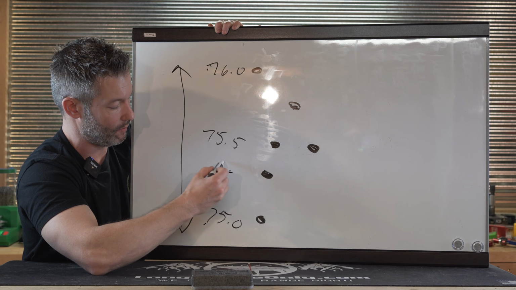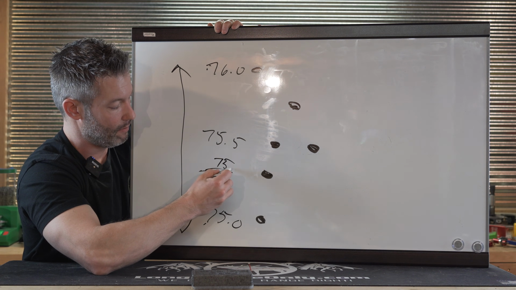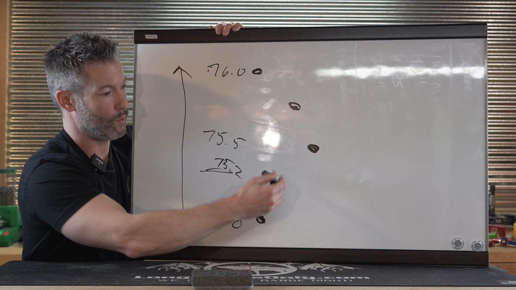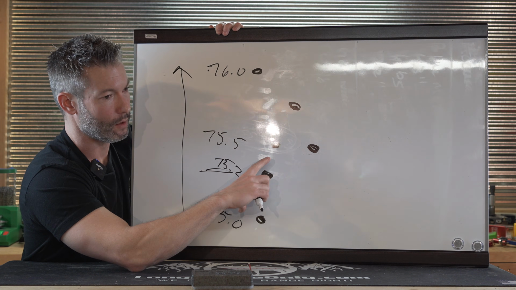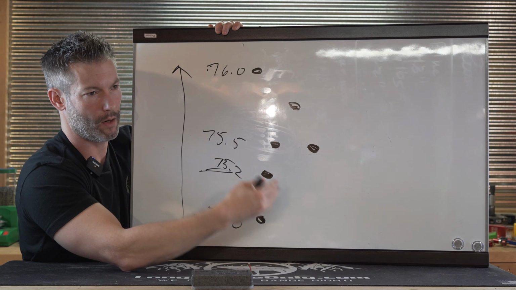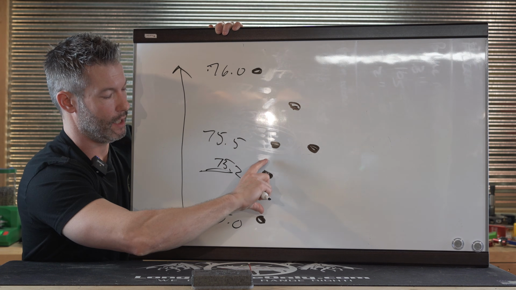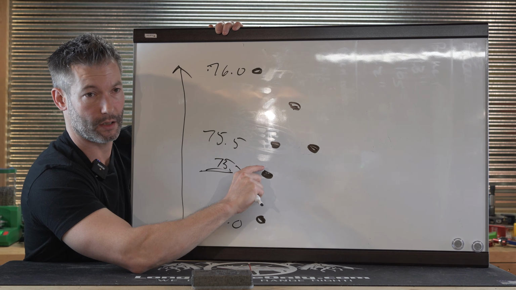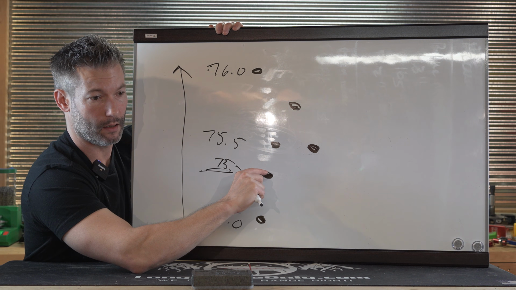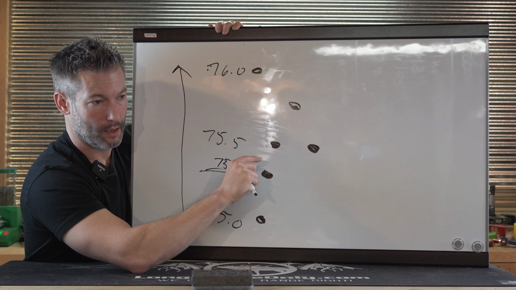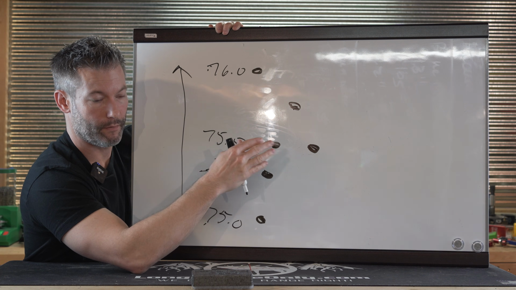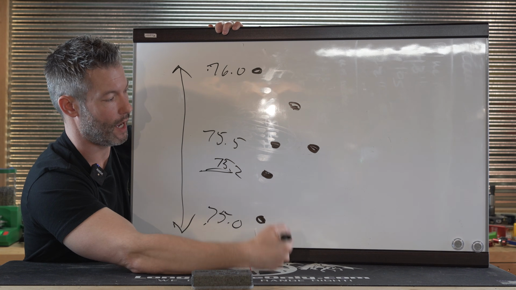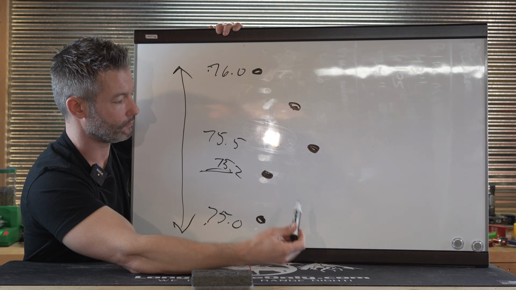So in this case it would be, let's call it 75.2 grains. This is where that was. The node was about 3/4 of a minute wide, but in here it consistently maintained a 1/4 of a minute vertical out to 1,000 yards as long as I've shot it.